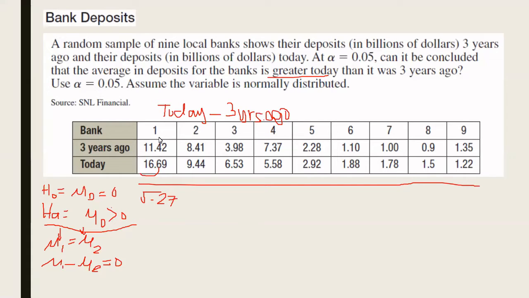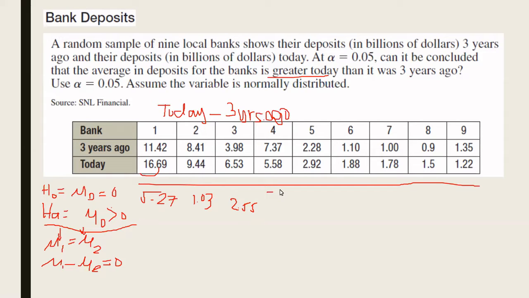Okay, so let's start. So 16.69 minus 11.42, it's 5.27. 1.03, and 3. This is 2.55. This one is negative, no?